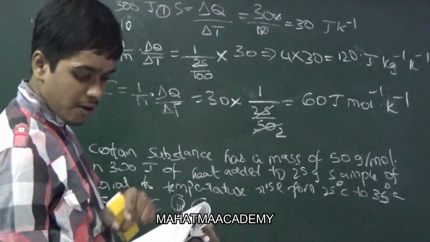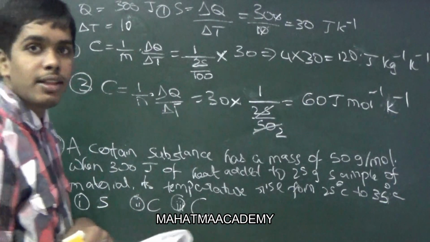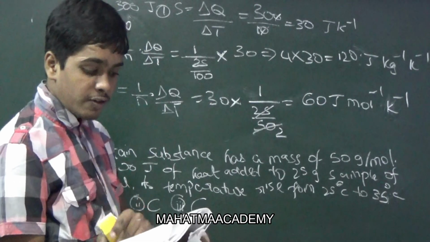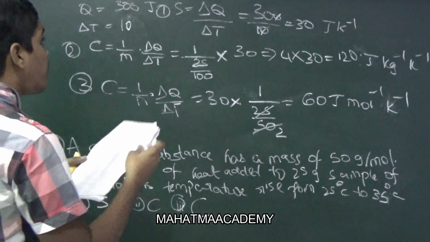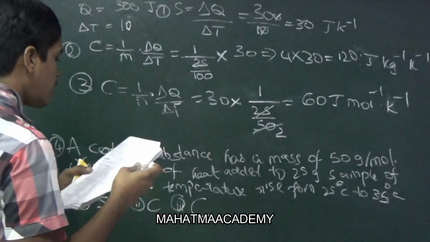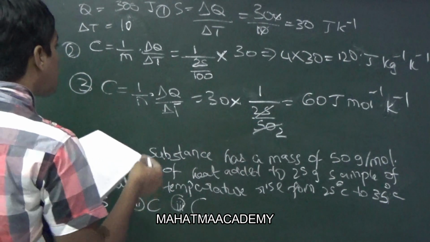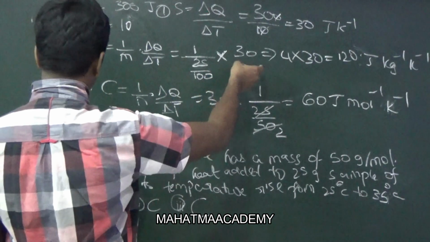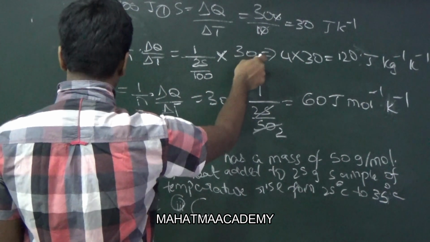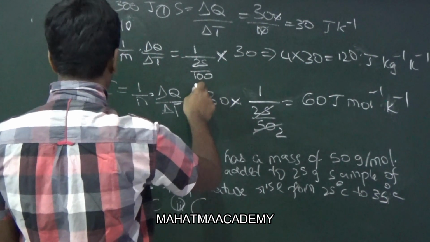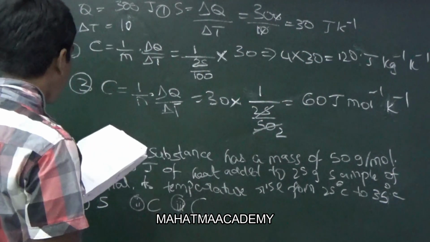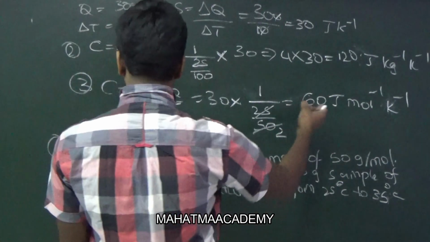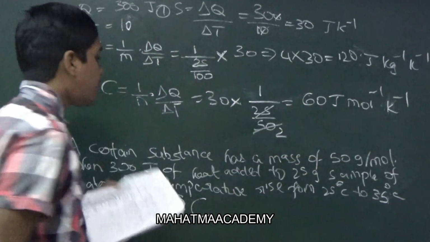But I have changed the question. In the paper it is 25 to 45, so we get here 15. We are correct. Now it is 30 into 1 by 25. Yes, it is correct. Now the second one is 6. Yes, you also did it right.